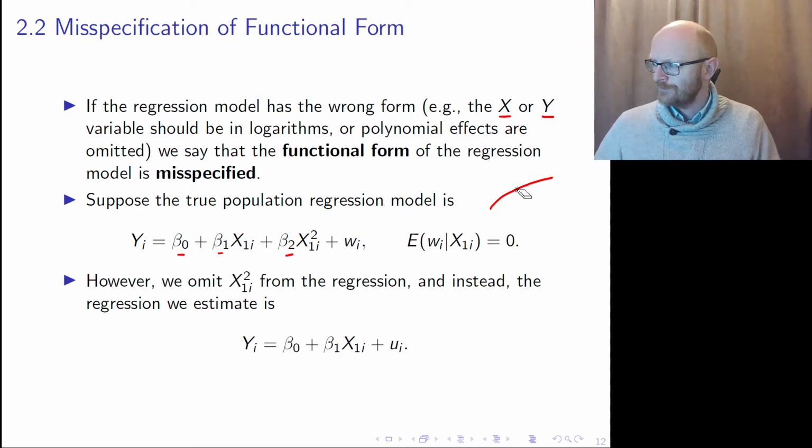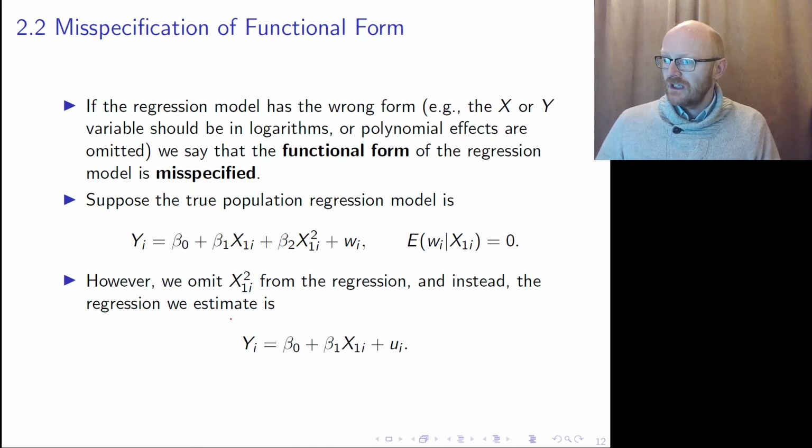Just an example. So let's assume that we did not have data for x squared in our model, so we only assume a linear model. So the regression estimate we get is for the simple regression model.